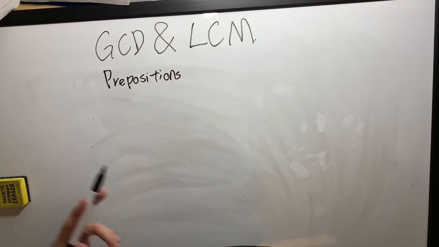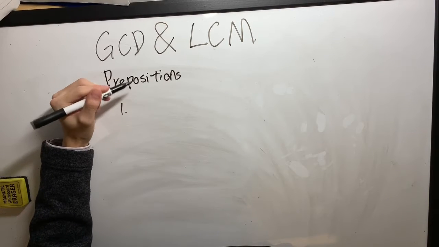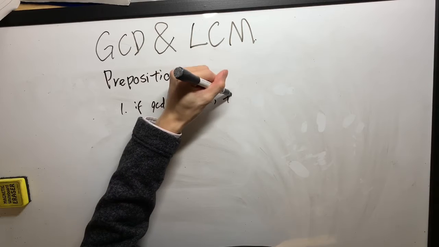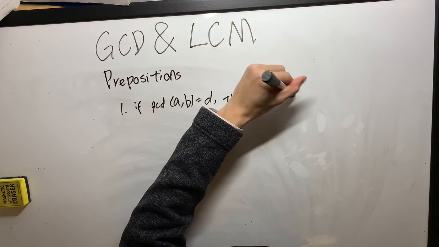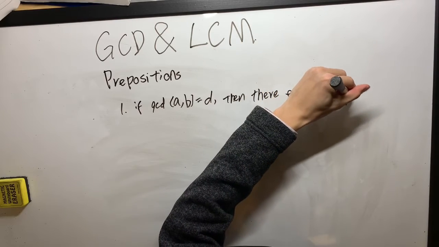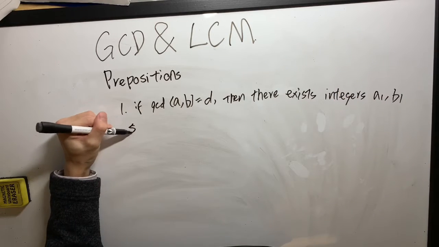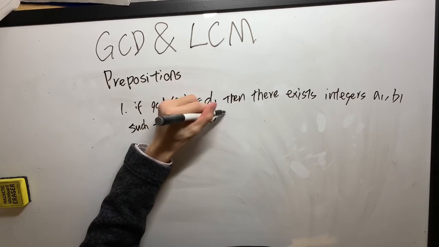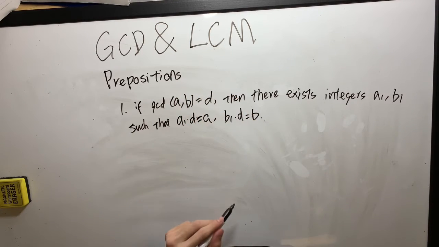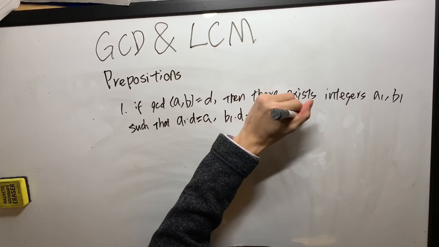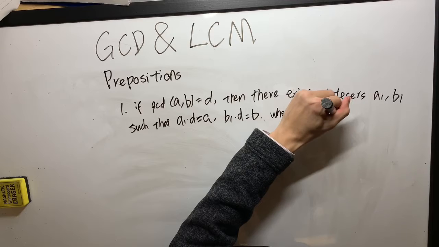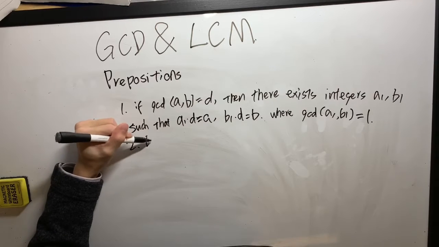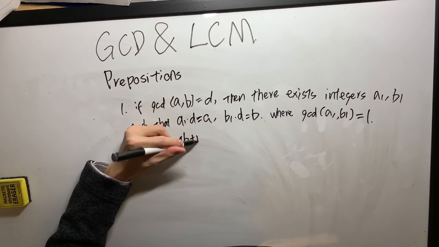For propositions of GCD and LCM, we have first, if GCD(A, B) equals D, then there exist integers A1, B1 such that A1 times D equals A and B1 times D equals B, where GCD(A1, B1) equals 1.